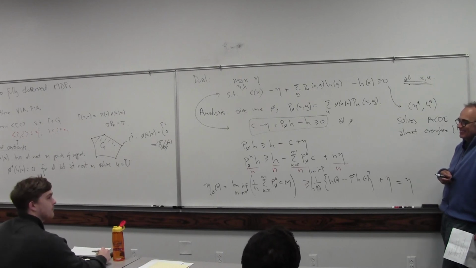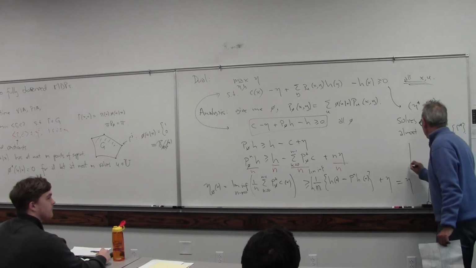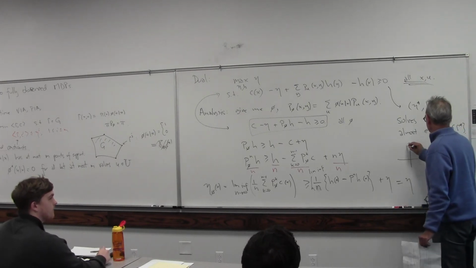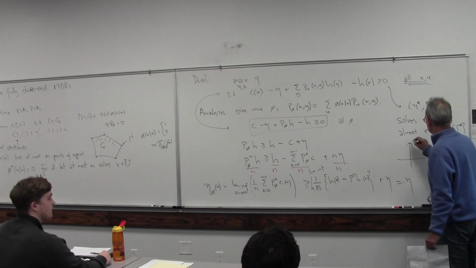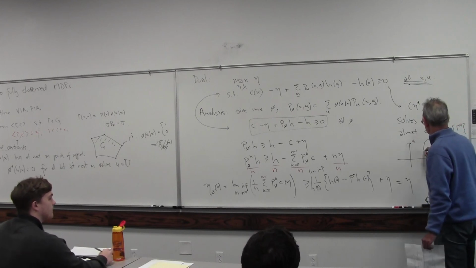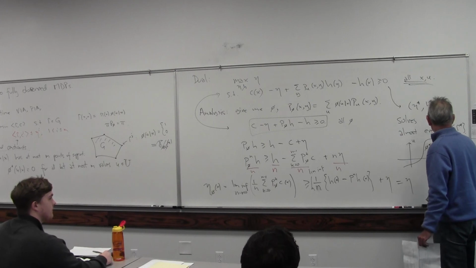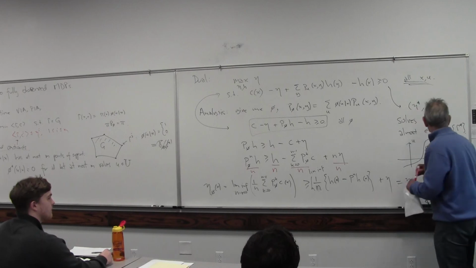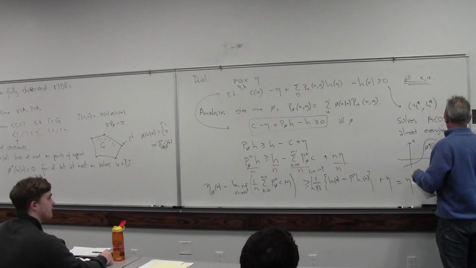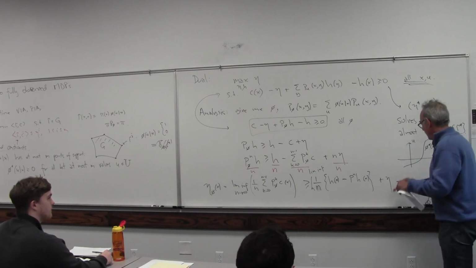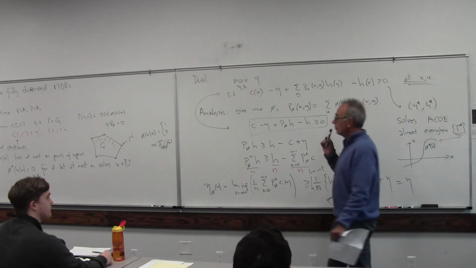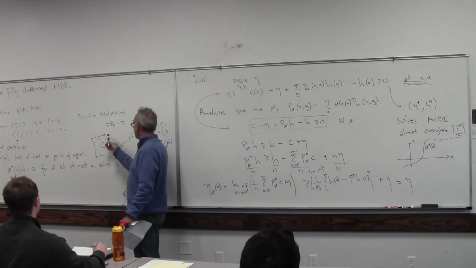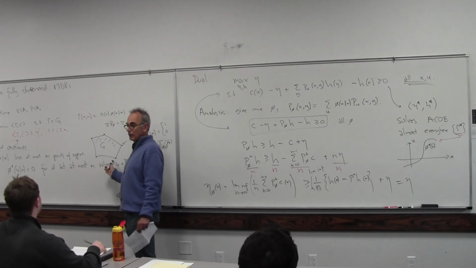Yeah. Because gamma star is a graph. You know, remember, I told you that when you optimize the primal, you can, without loss of generality, get one of the extremal points.